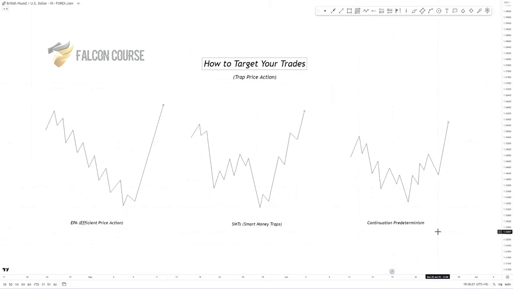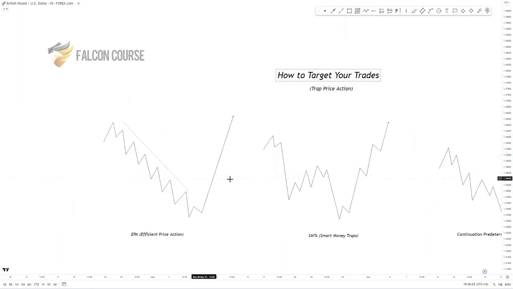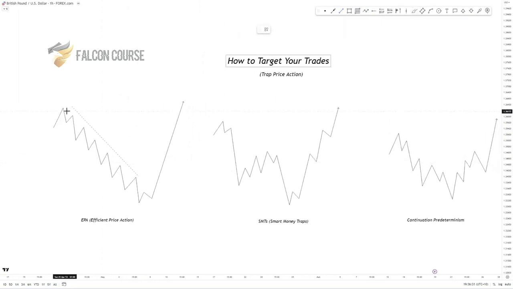So with an EPA, just like we said, what we're doing here is grabbing the orders from each supply and moving them down, okay? Every time we move down these orders, we're mitigating that money down.